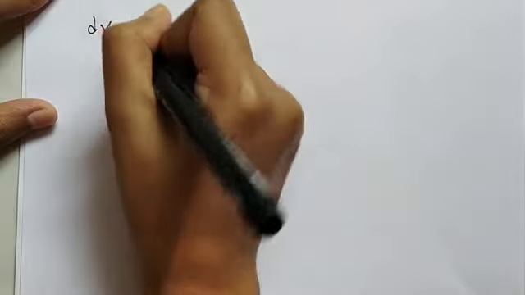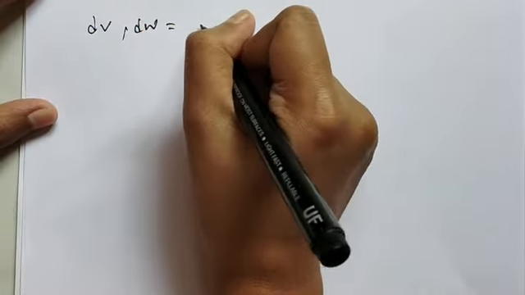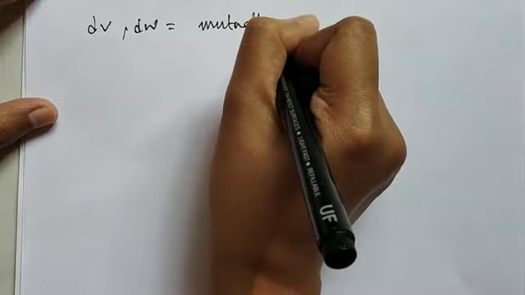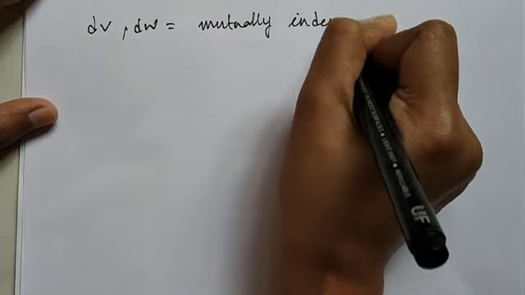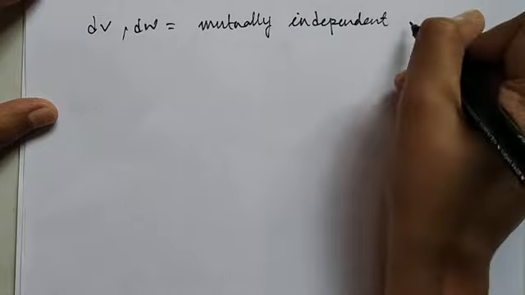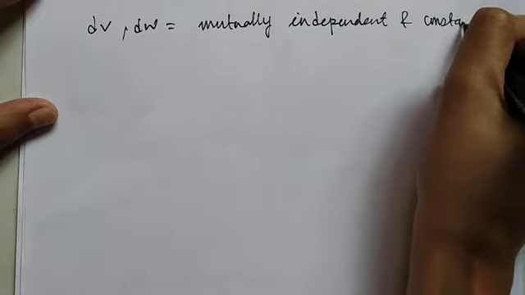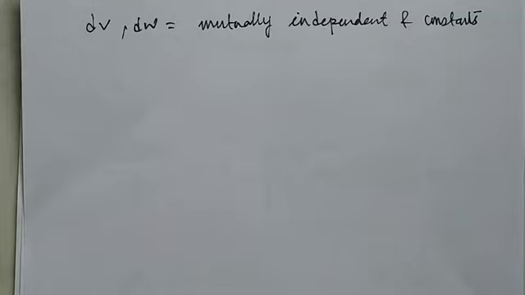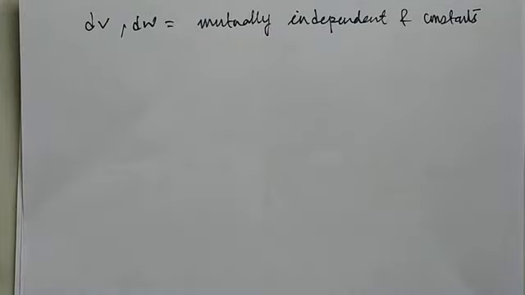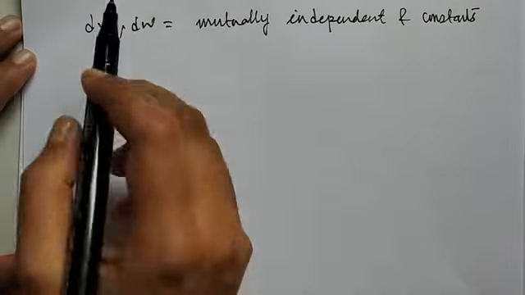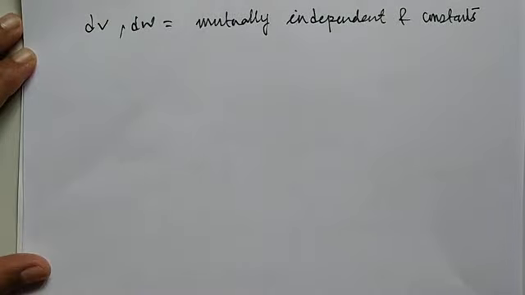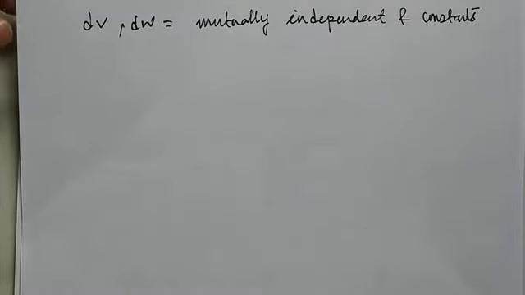So suppose we have chosen dv and dw to be mutually independent and constants. So du, dv, dw, all three together are not mutually independent, but out of these three, the two variables dv and dw are mutually independent, and suppose they are constants.